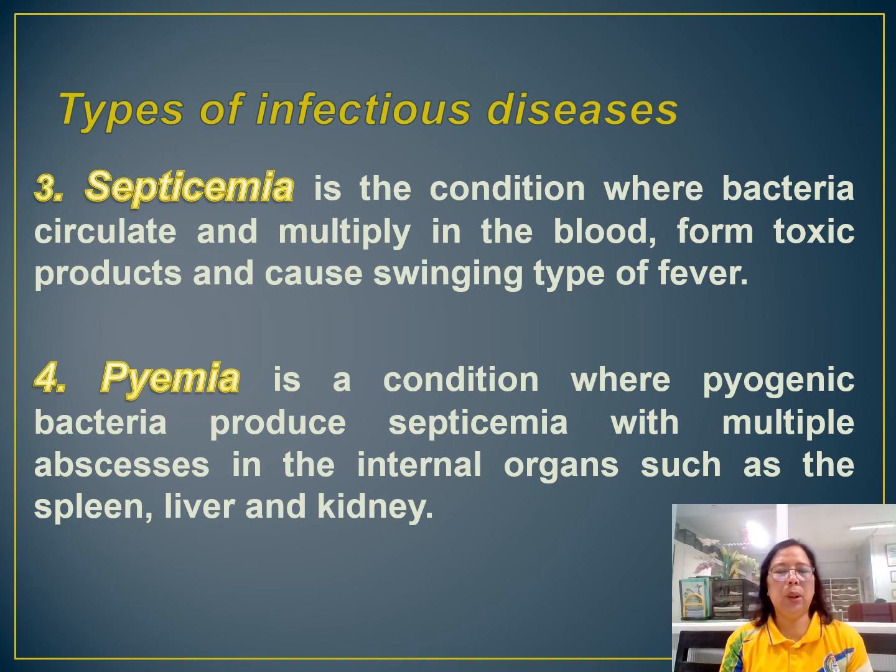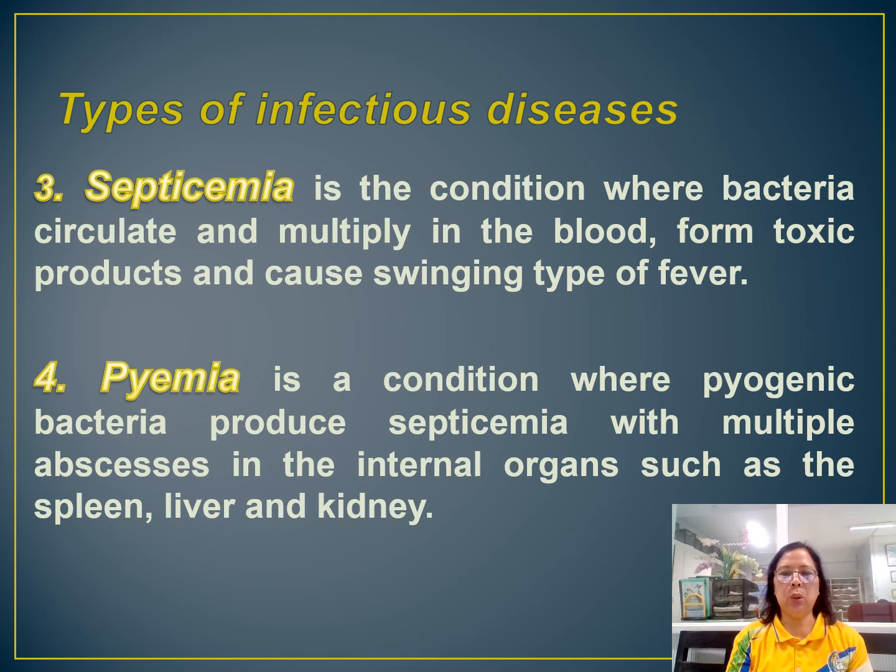And then you have also septicemia, in which the toxin and the organism itself had caused severe condition to the host, especially in the case of on and off presence of fever. And then you have also pyemia.